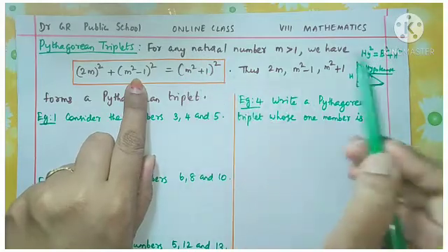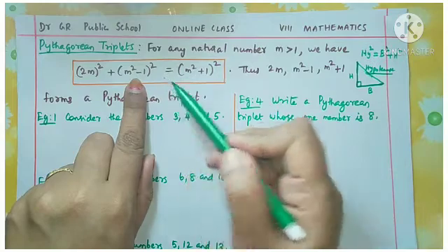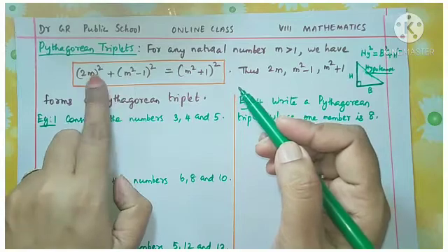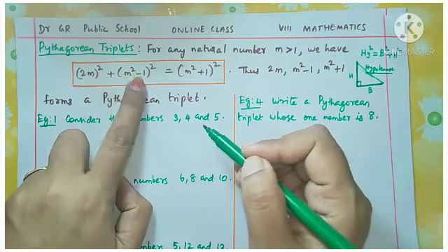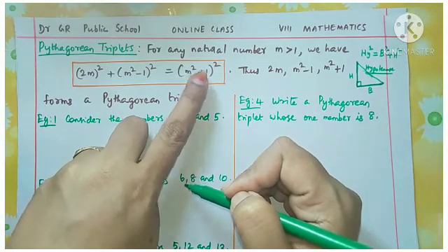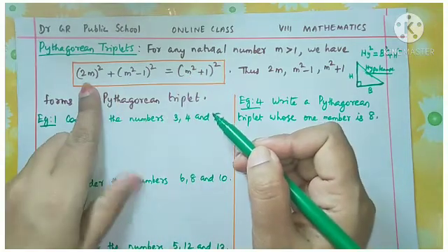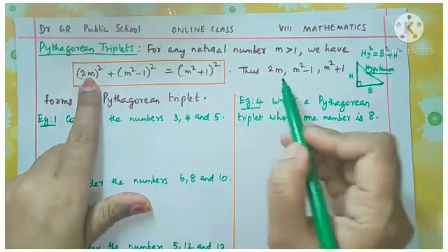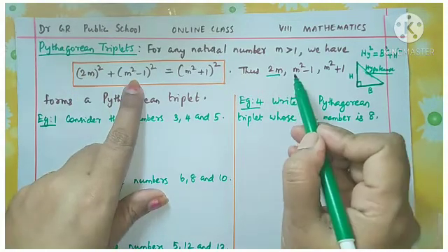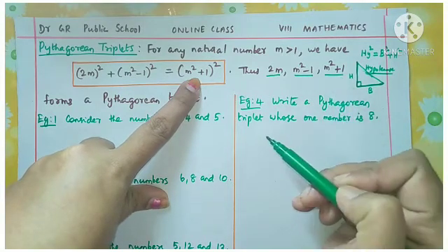When you add the squares of those smaller numbers, you will get the square of the biggest number. And what are the three numbers here in general? The first number is 2m. The second number is m square minus 1. Third number is m square plus 1.